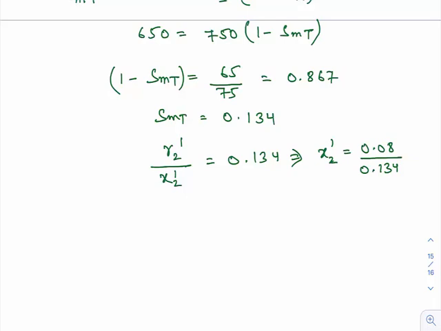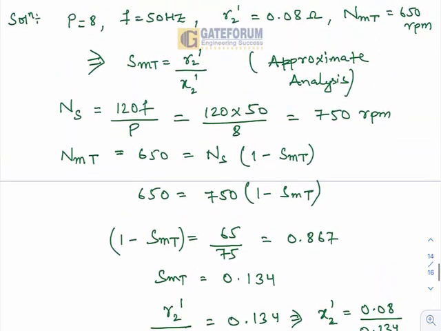So 0.08 by 0.134 you'll get as 0.597. You also check it. Yes, so now you know the value of the rotor leakage reactance.